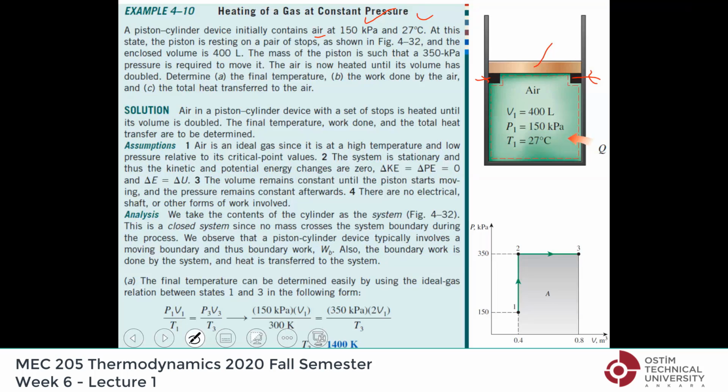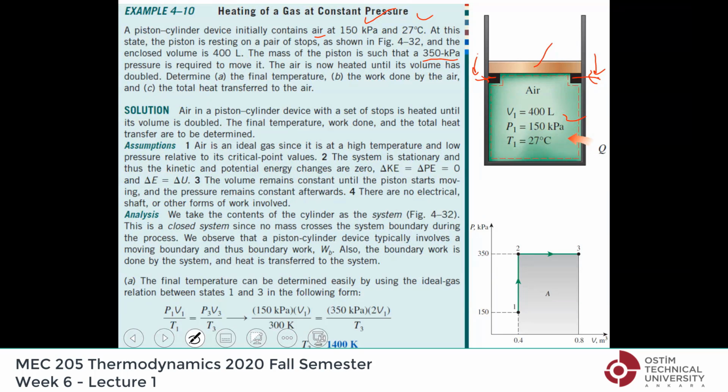And the mass of the piston is such that a 350 kilopascal pressure is required to move it. Initially the pressure inside is 150, which means because of these stops, the piston cannot fall, but it is exerting a force on the stops because it is heavy. So we need 350 to lift it.